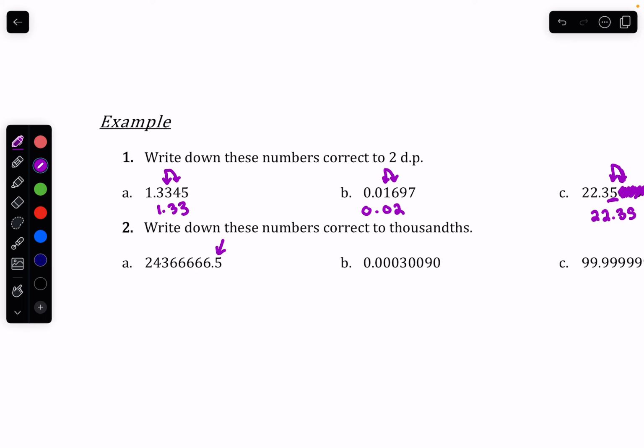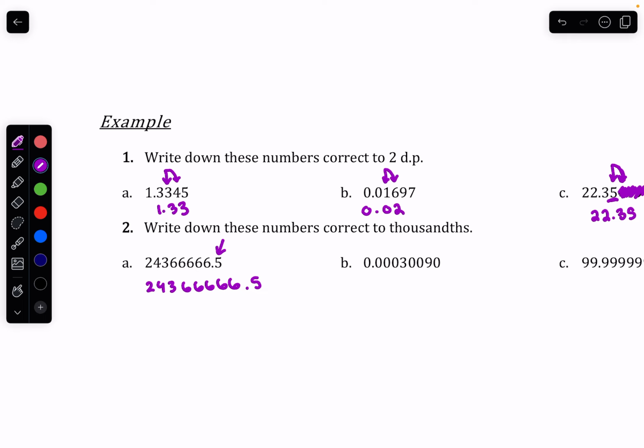It ends at 5. So I can go ahead and write down 2436666.5. I'm not going to put anything after the 5 because I didn't round. There's no numbers that came after the 5. So I'm going to end right there with a 5.